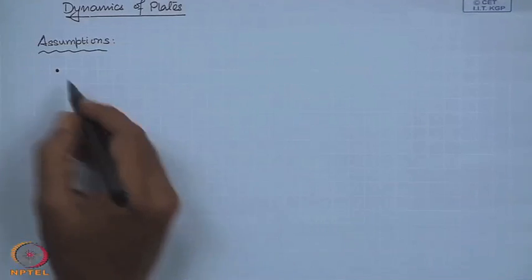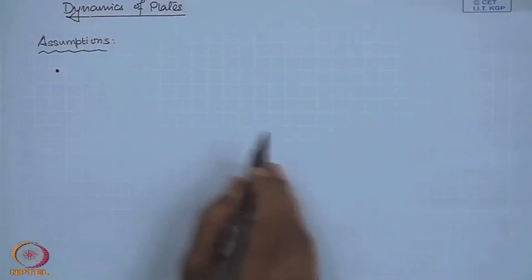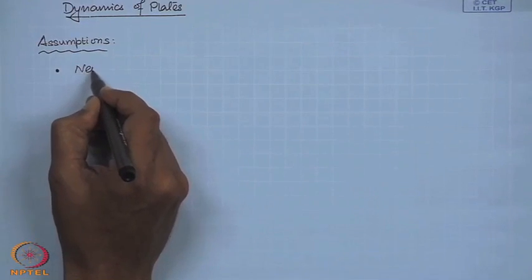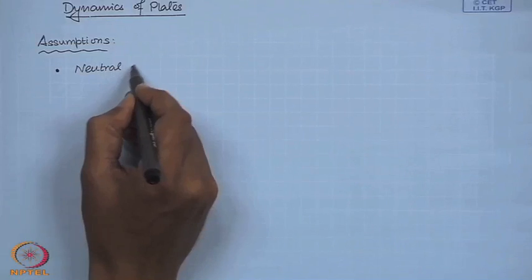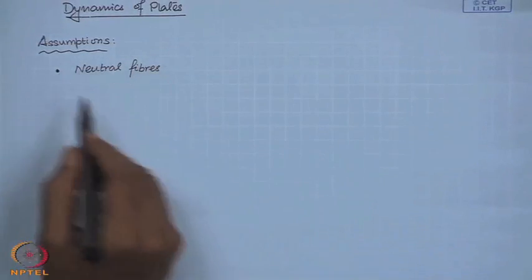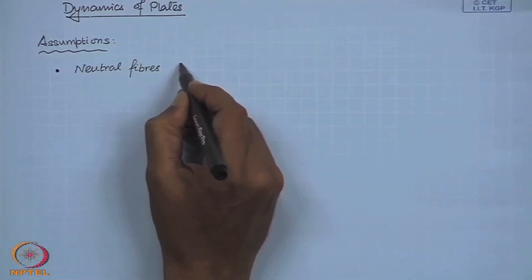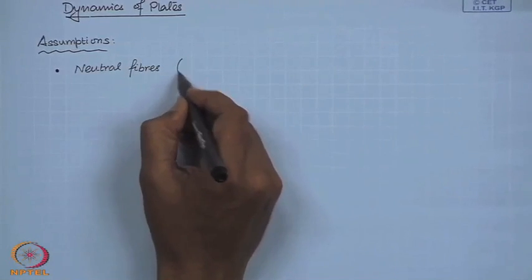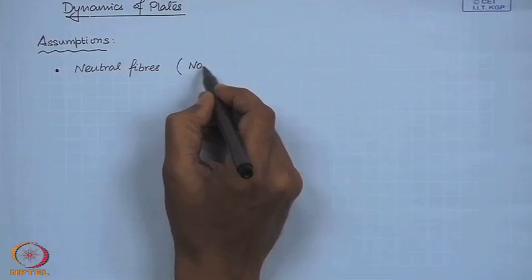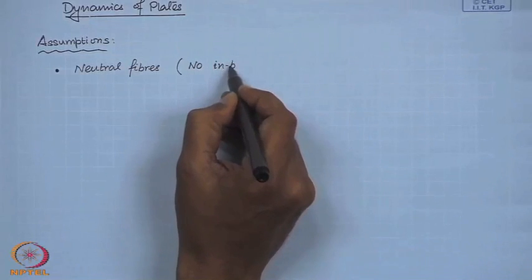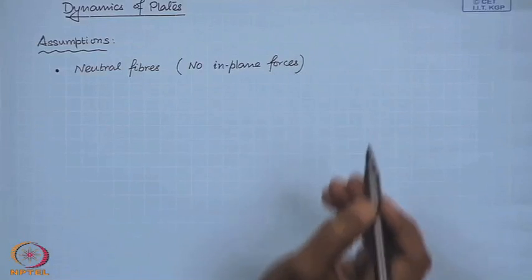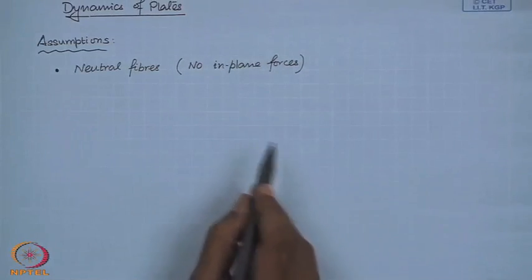is that there is a plane or there are fibers which are unstretched. These are called neutral fibers. So we assume the presence of neutral fibers, which occurs if you do not have in plane forces in the plate.